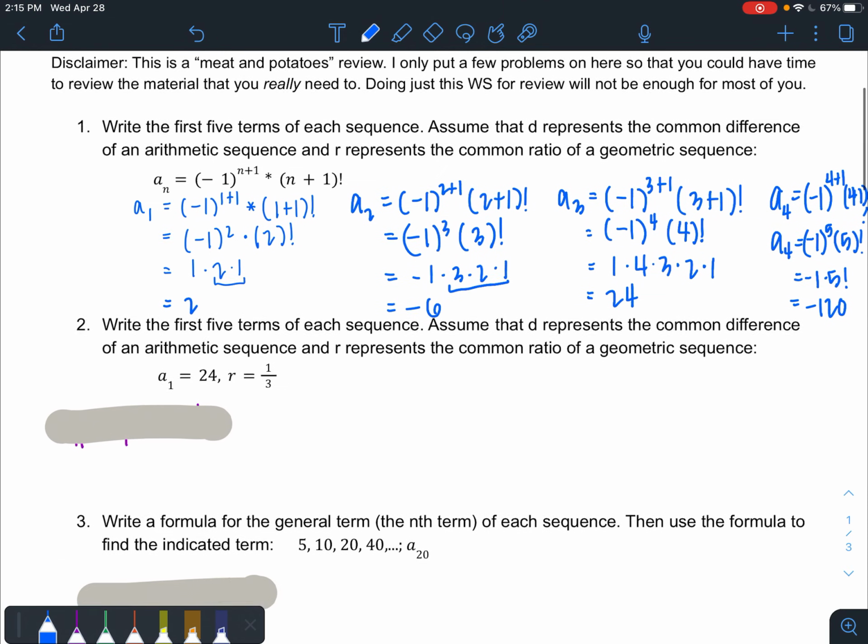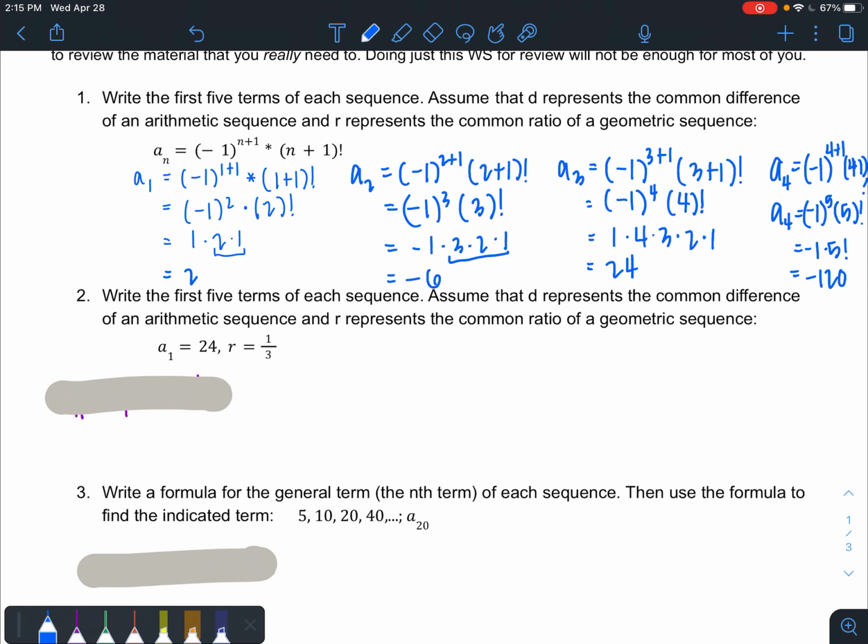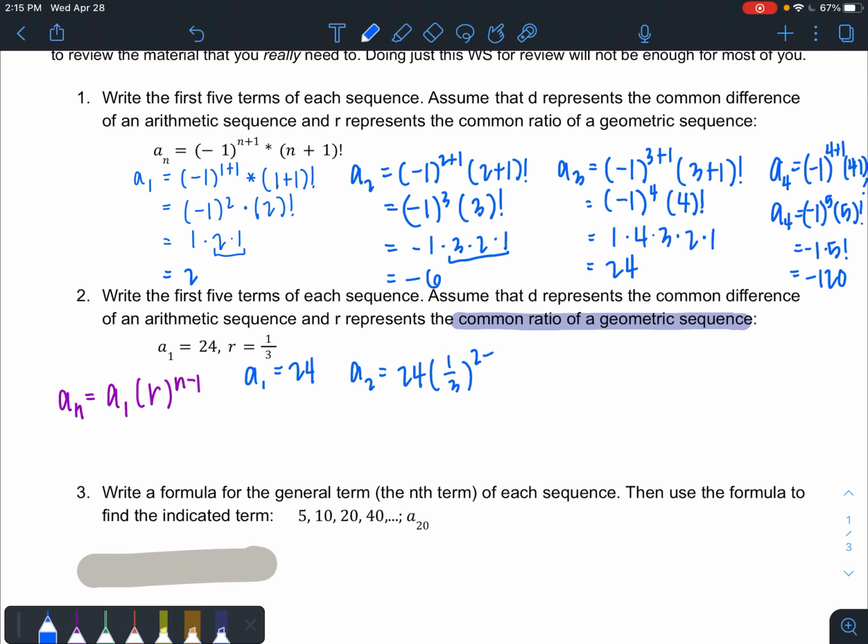Okay. For this next one, we have to know what r is, and that's the common ratio of a geometric sequence, so we need the general equation of a geometric sequence, which is this. So I have the first 5 terms, so I do a sub 1 equals 24 because it's given. a sub 2 equals 24 times r to the n minus 1.